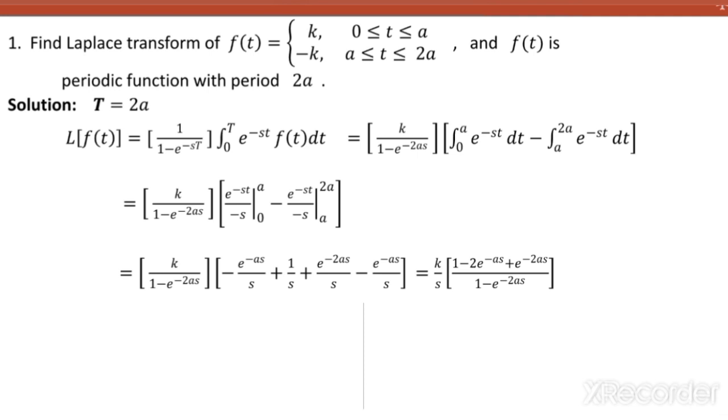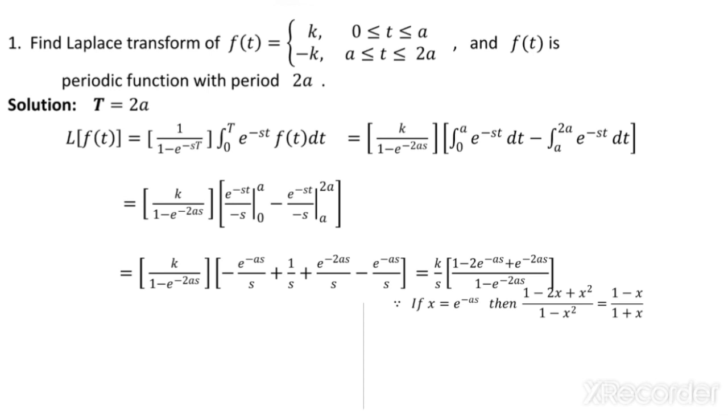Or I can make it simple for our convenience by taking x equal to e power minus as, then it looks like 1 minus 2x plus x square by 1 minus x square. So the numerator is 1 minus x the whole square, and the denominator is a square minus b square, thereby I can write it as 1 minus x into 1 plus x. Here 1 minus x gets cancelled from both numerator and denominator, leaving 1 minus x by 1 plus x.